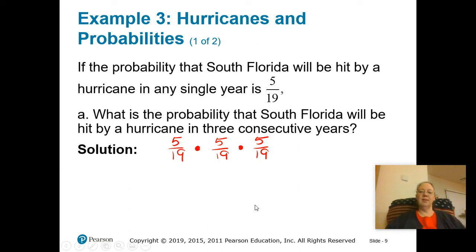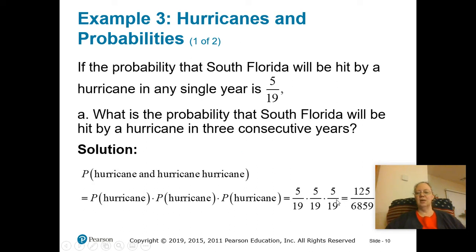So we would multiply that out: 5 times 5 times 5 over 19 times 19 times 19, and that would be 125 out of 6,859. So there you go. Notice it's not 0. I don't want to live in South Florida.